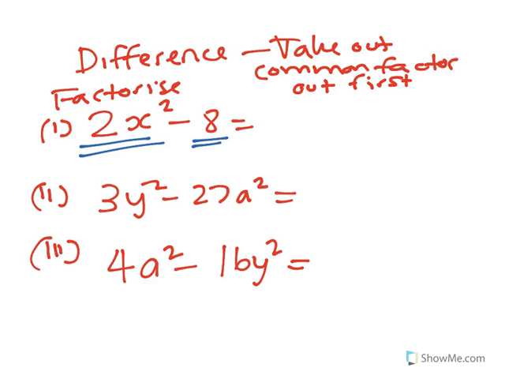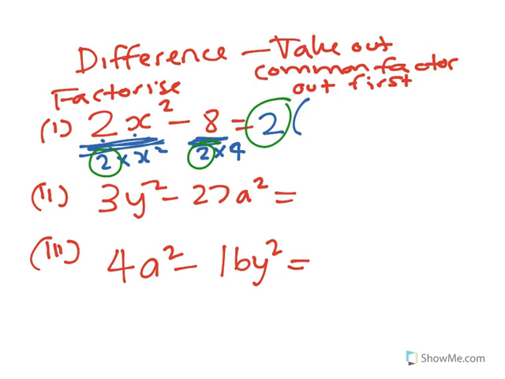So if you look at that, see how they're not square numbers, but there is a common factor of 2. So 2 goes into 2x squared 2 times. And then if you look at the 8, it is 2 times 4. So when you're taking out that common factor, what you're taking out is the 2. You bring the 2 out the front, and then you're having a look at what's actually left.